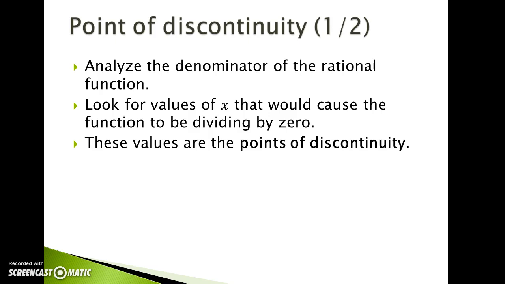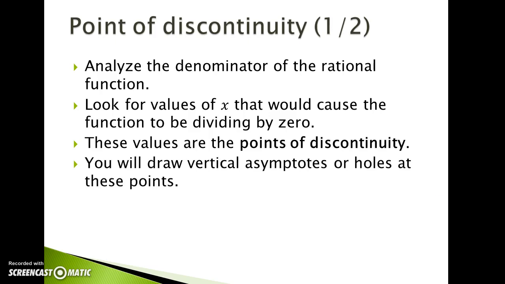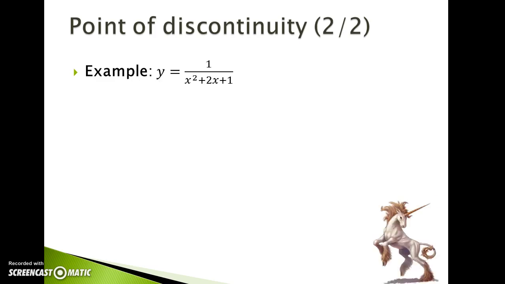The values that we find for x are called the points of discontinuity. These will become either vertical asymptotes or holes in your graph, and we're going to figure out how to tell which is which. First let's practice finding them.